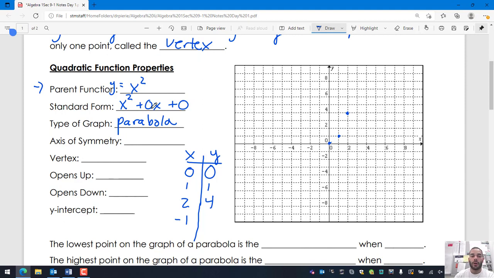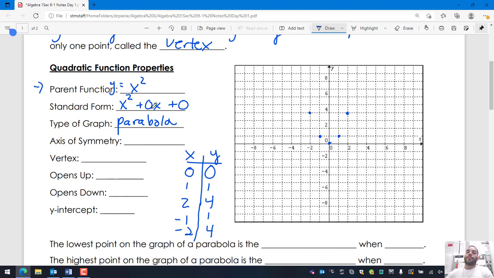If I plug in -1, I should get back +1. I know -1 comma 1 is going to be one of these points on the graph. And then if I plug in -2, a negative times a negative is a positive. 2 times 2 is equal to 4. -2 comma 4 is one of these points on the graph.